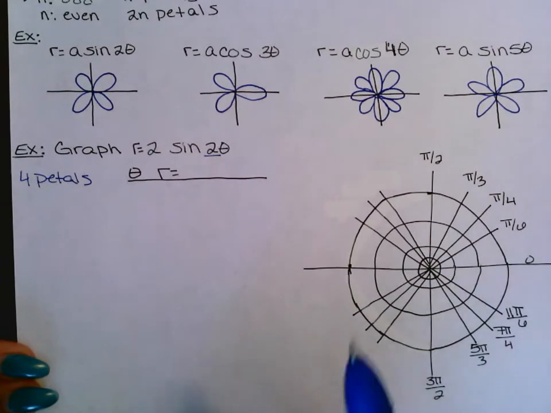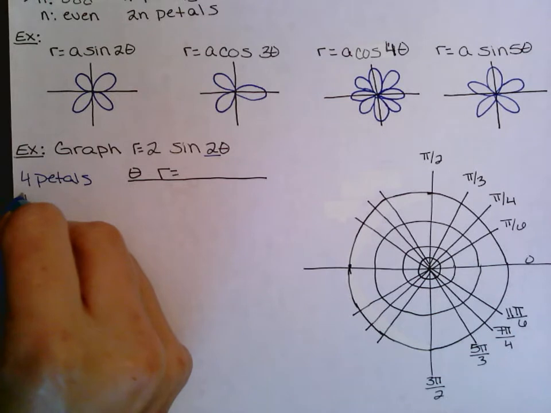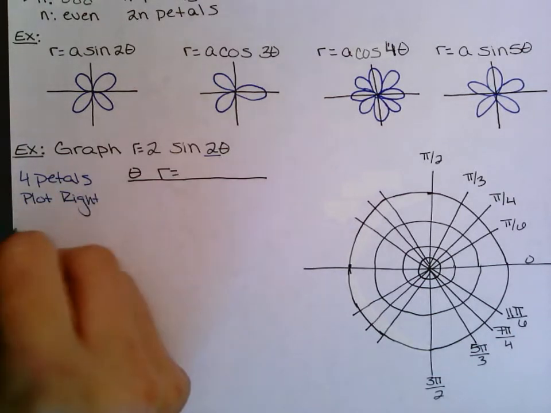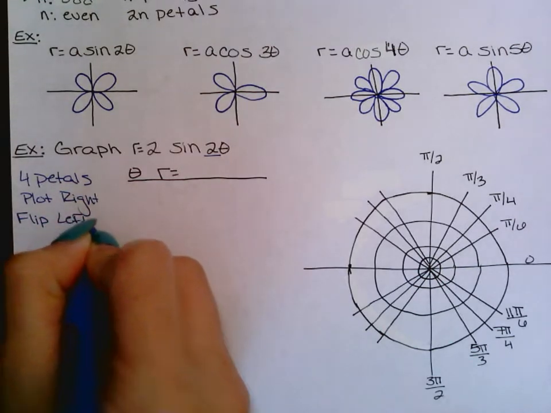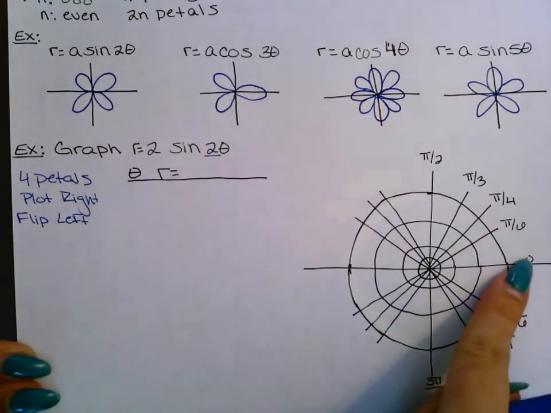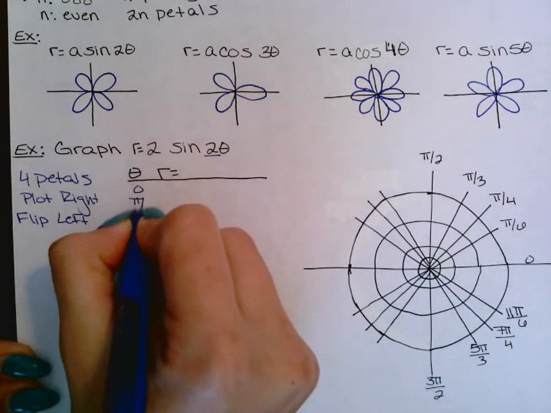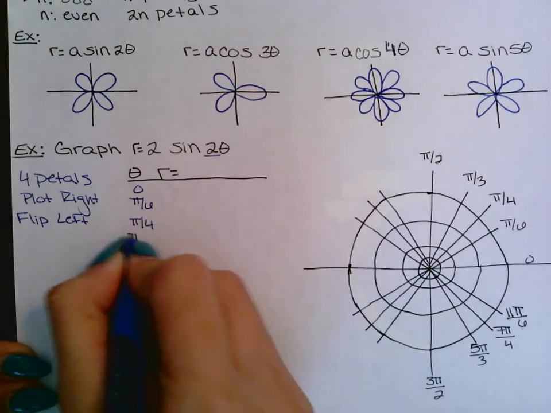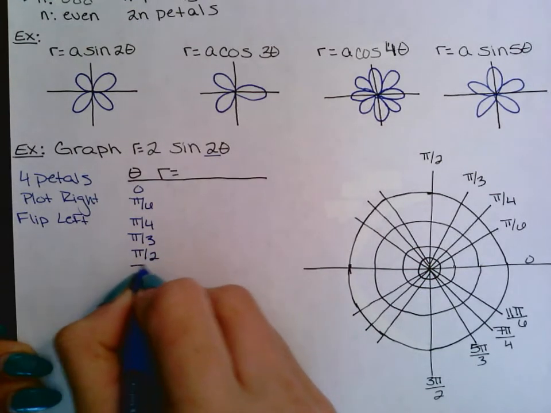Now, if it has 4 petals and it's sine, I know that if I plot the right, I can just flip it to the left. So if I'm plotting the right side, I'm going to plot quadrant 1. So I'm going to go in order like I have been, 0 to pi over 2. And then I'm going to draw myself a little line here.